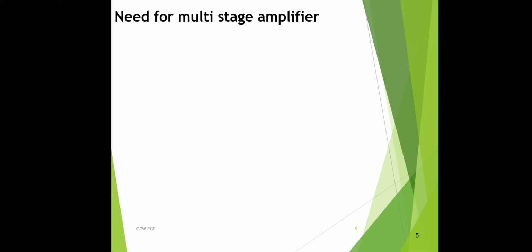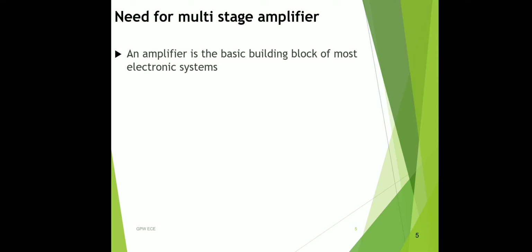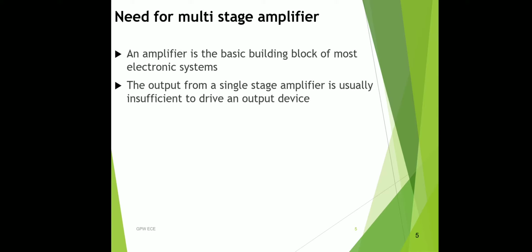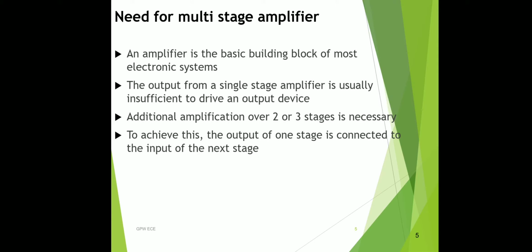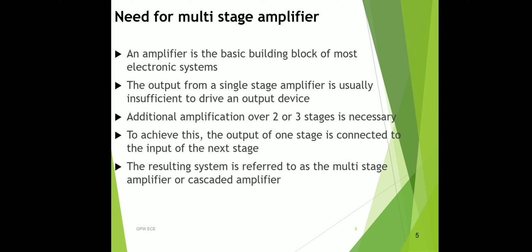The name itself says multi-stage amplifiers. That means there is more than one stage, many single-stage amplifiers. Generally, a multi-stage amplifier consists of two or more single-stage amplifiers, and it is needed to increase the gain. In a multi-stage amplifier, the output of one stage is connected to the input of the next stage, and the resulting output is amplified.